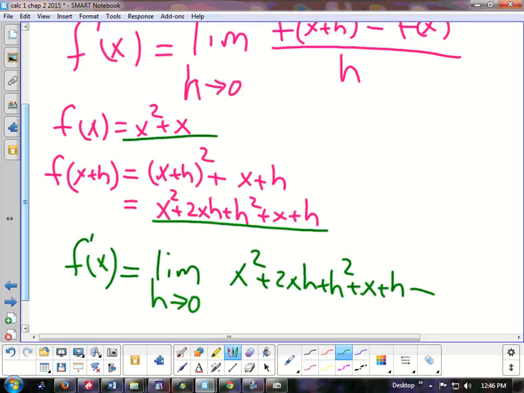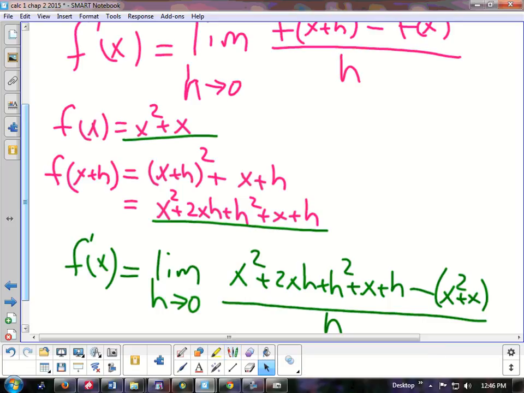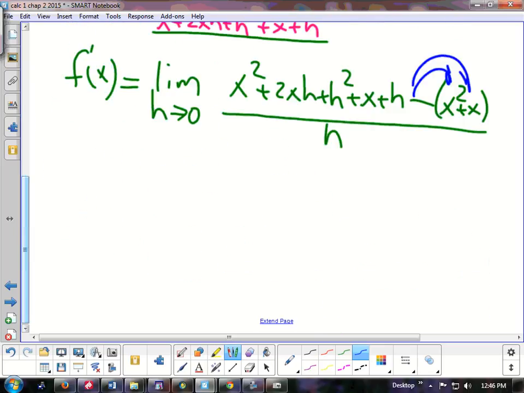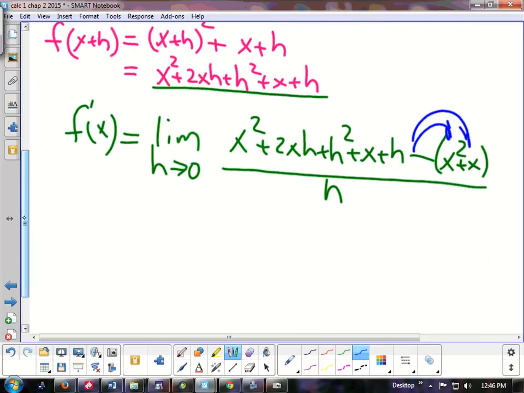Well, f of x is x squared plus x, all over h. A lot of times, if you're going to make a mistake on these things, it's forgetting to distribute this negative sign to both things here. It's a common mistake in calculus and in algebra that kids make, teachers make, everybody makes.